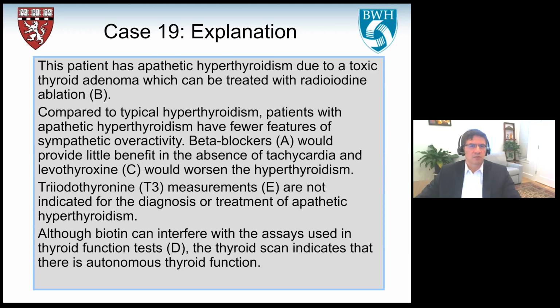Beta blockers would provide little benefit in the absence of tachycardia, and levothyroxine, or option C, would worsen the hyperthyroidism. Triiodothyronine, or T3, measurements are not indicated for the diagnosis or treatment of apathetic hyperthyroidism. Although biotin can interfere with the assays used in thyroid function tests, the thyroid scan indicates that there is indeed autonomous thyroid function.